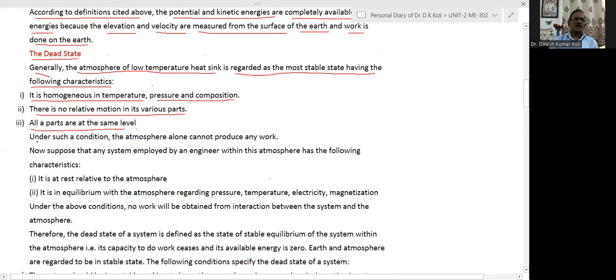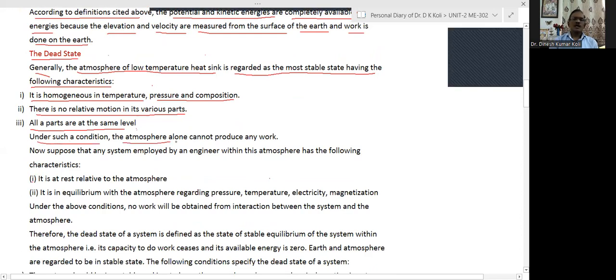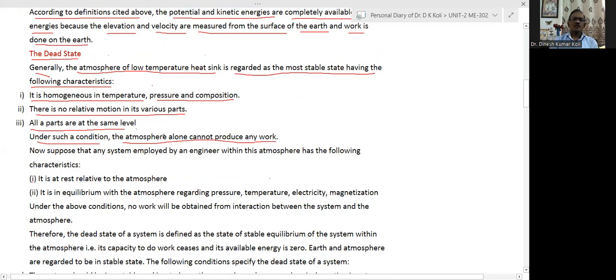Under such conditions, the temperature alone cannot produce any work, so this atmosphere cannot produce any work.